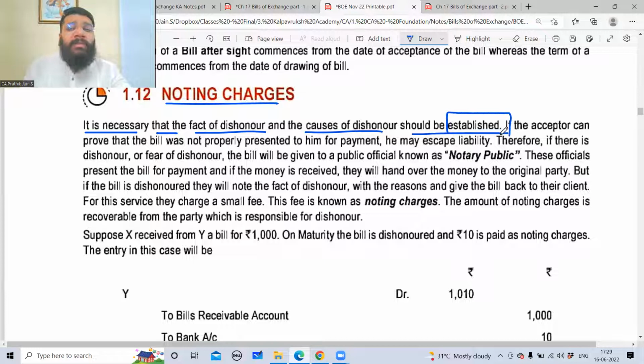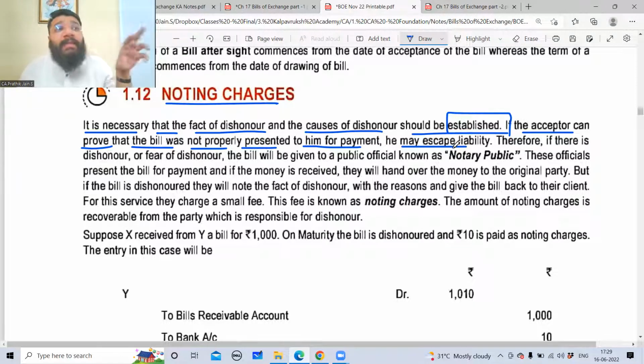Should be known. If the acceptor can prove that the bill was not properly presented to him for payment, he may escape the liability. If the acceptor, that is the customer, can prove that the bill was not presented on time, was not presented properly, then he can escape the liability. Liability of what? The liability of paying the noting charges. Or if there are any consequences of non-payment, those consequences also he can escape.